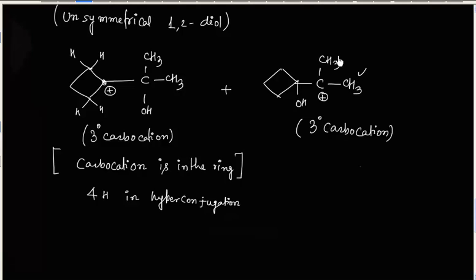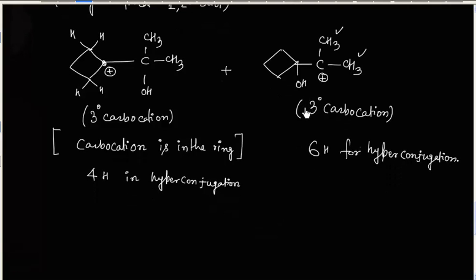Now if you see this carbocation, this has 3 plus 3, 6 hydrogens for hyperconjugation. And this carbocation does not include a ring.